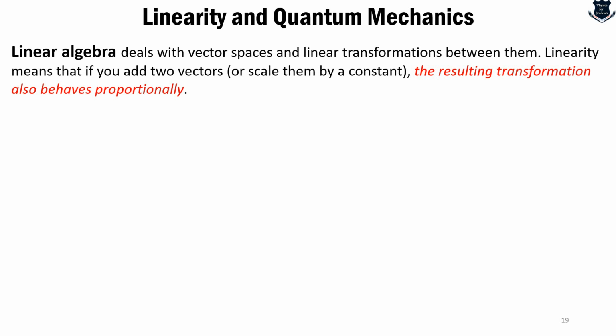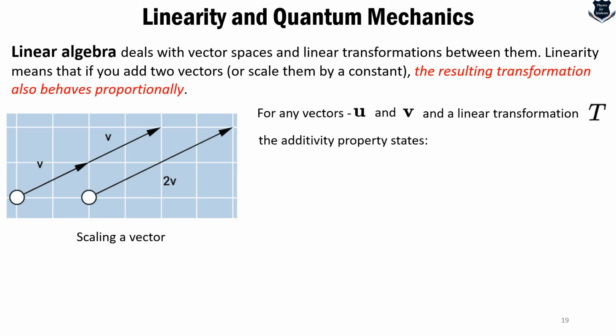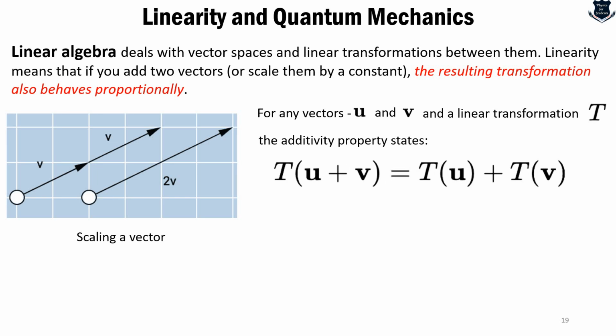and you see I have written it in red. The resulting transformation also behaves proportionally. This proportionality is something we see when we scale a vector, so v gets scaled into 2v. For any vectors u and v, and a linear transformation T, the additivity property states that T(u + v) = T(u) + T(v).